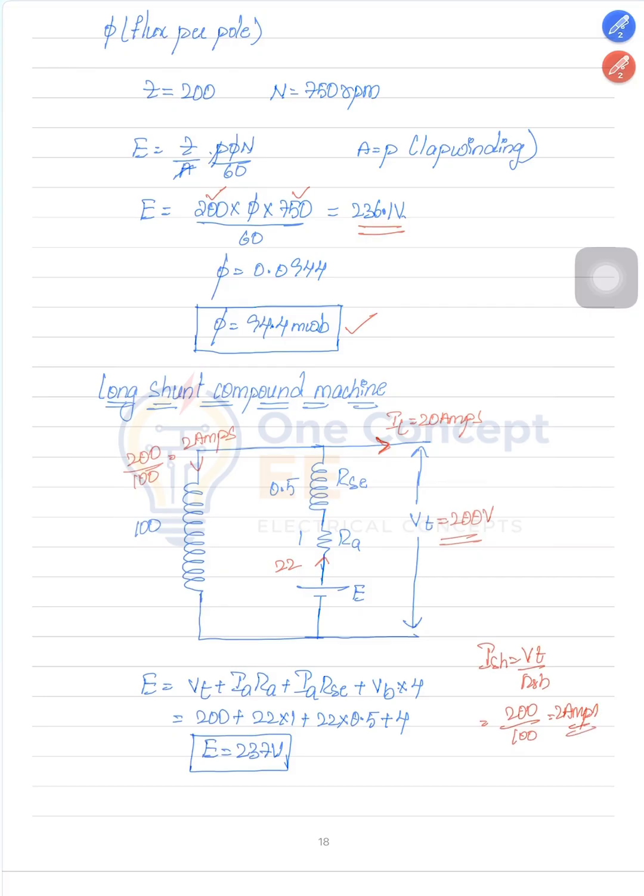Already we know by VT into IL equals 4000, IL equals 20 amps. By doing simple KCL at this particular node, 2 plus 20 becomes 22 amps. By doing simple KVL in this particular loop, we get an induced EMF of 237 volts.